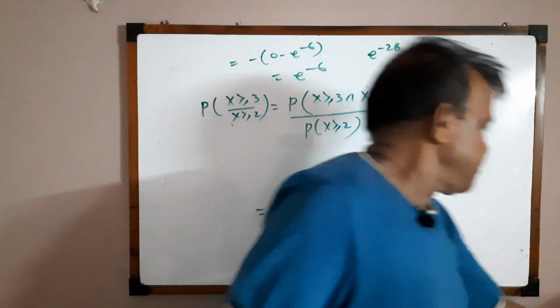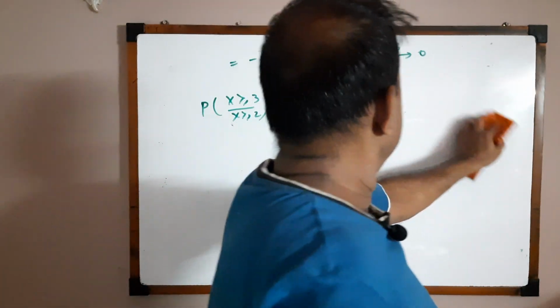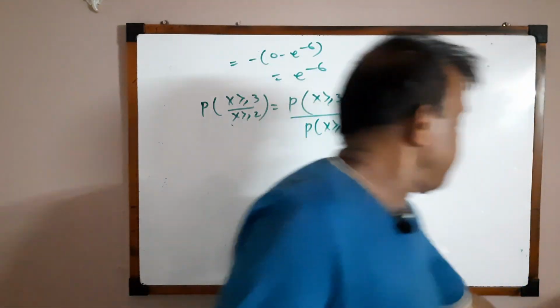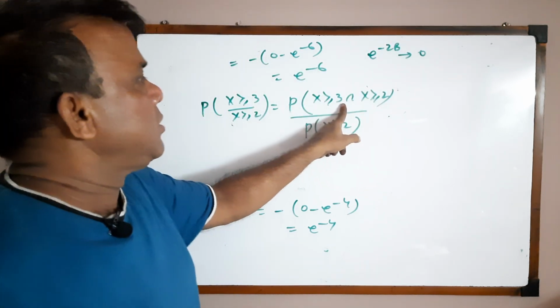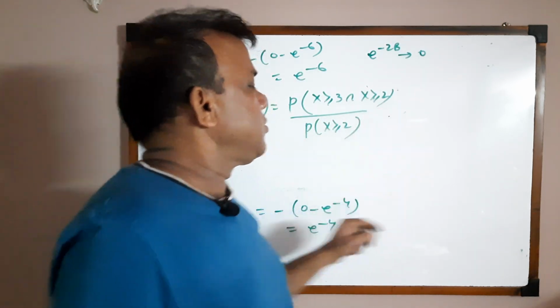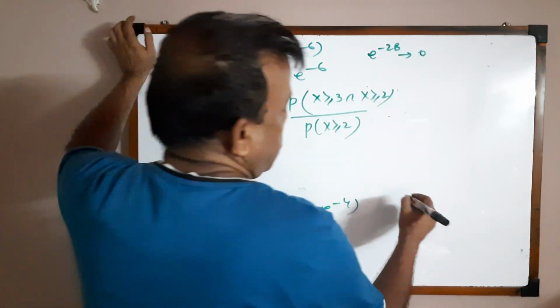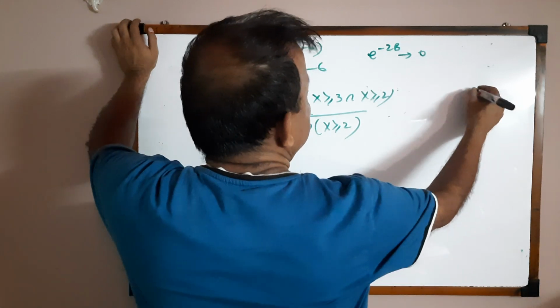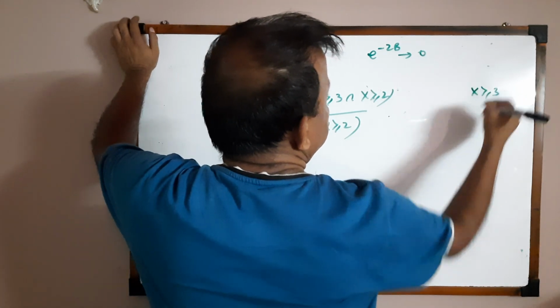The intersection of X greater than or equal to 3 and X greater than or equal to 2 is X greater than or equal to 3.